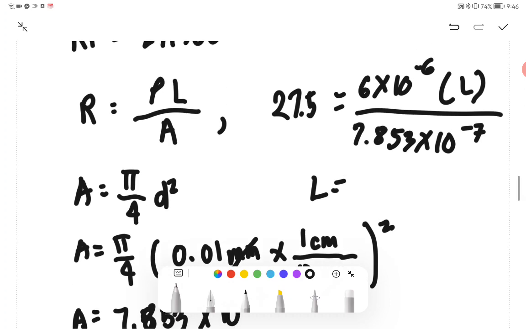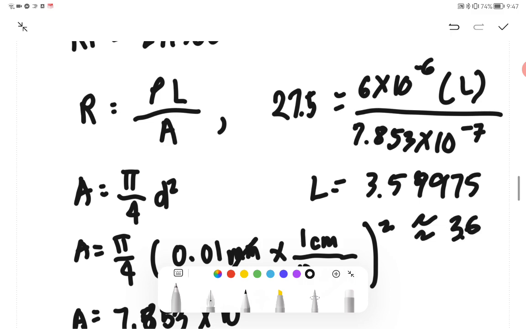So we have 27.5 equals to 6 times 10 raised to negative 6 times X all over 7.85. So our answer will be 3.5975, or approximately 3.6. That would be the final answer.